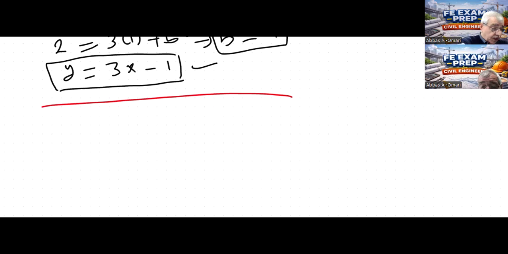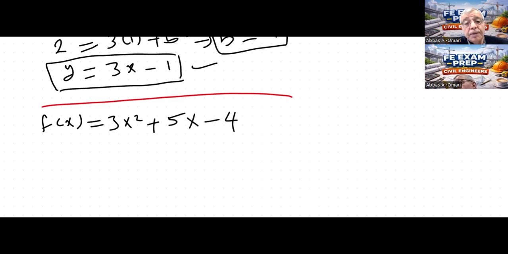We have f of x equals 3x squared plus 5x minus 4, and we need to find the derivative of this function. This is a very straightforward, very basic problem. So f prime of x equals 3 by 2, 6x plus 5.